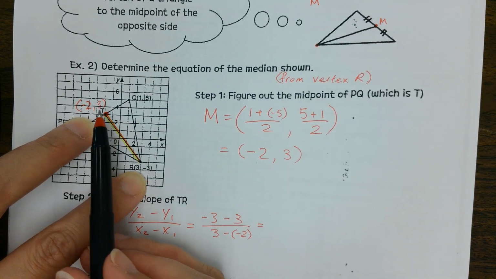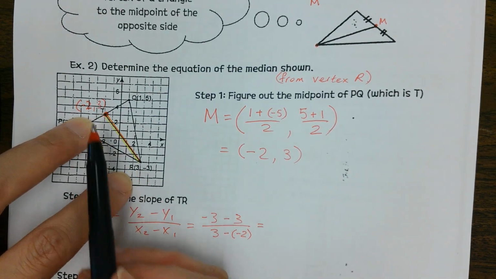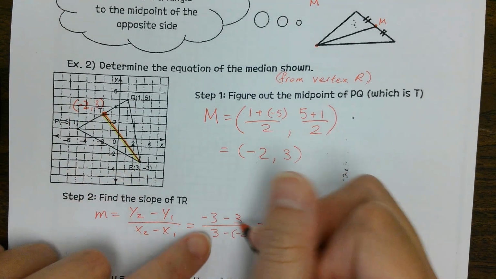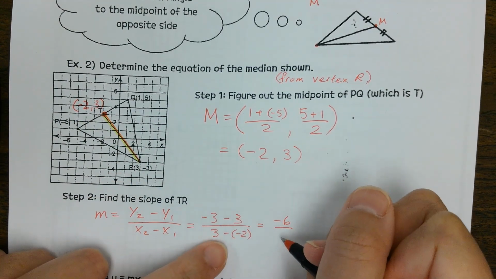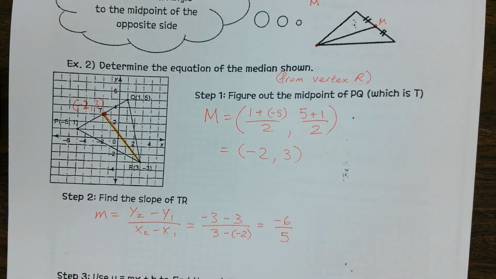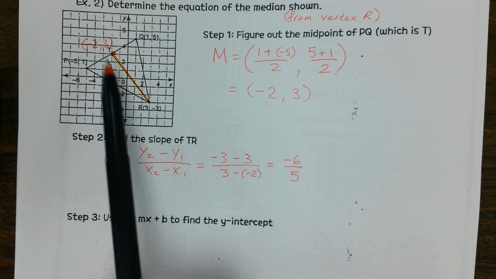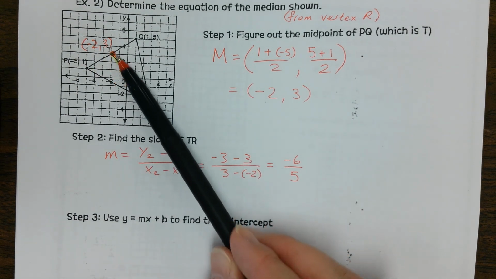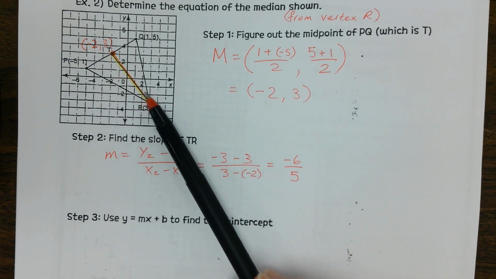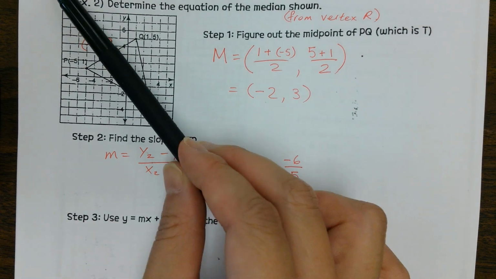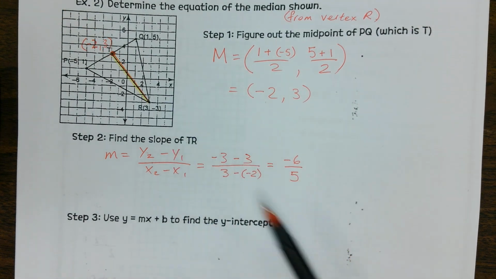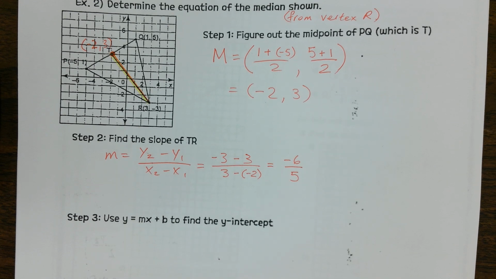Negative 3 minus 3, and then 3 minus negative 2, so I get negative 6 over 5. Looking at this line again, I can verify that I'm probably right because the line goes this way. So I should get a negative slope, and I did.